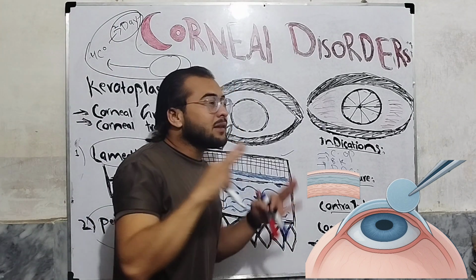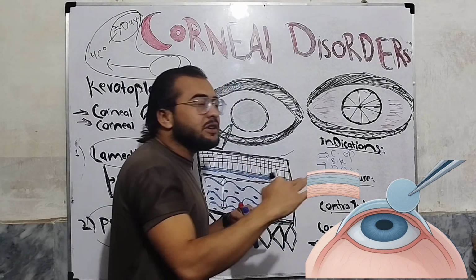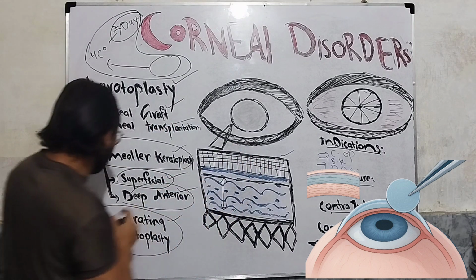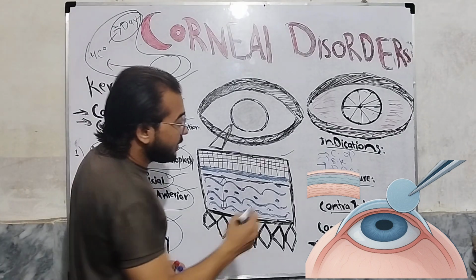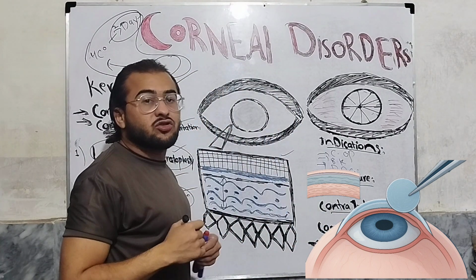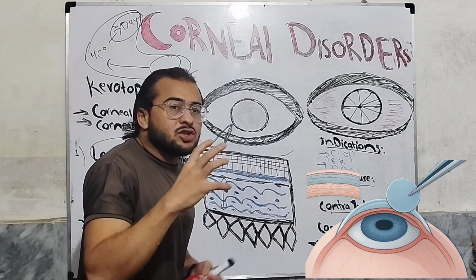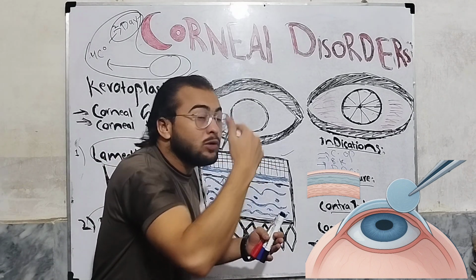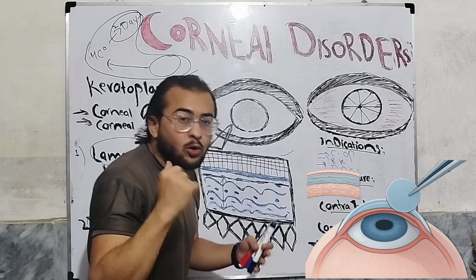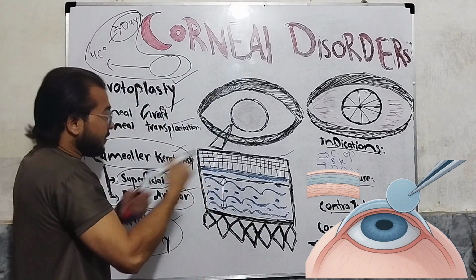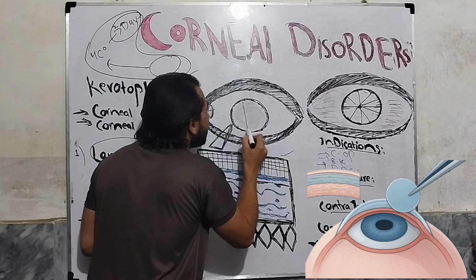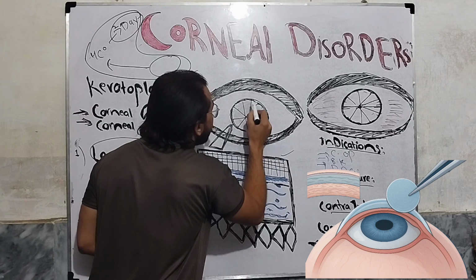Now, what are the conditions in which we should not do penetrating keratoplasty? These are called contraindications. So what are those conditions? All the conditions which involve the surrounding areas of the cornea. For example, this is the cornea of a normal individual.